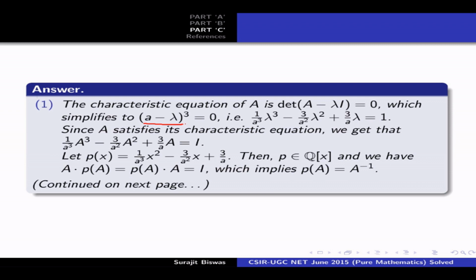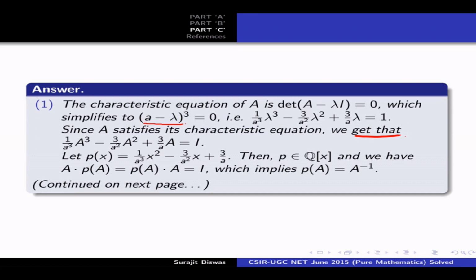Since A satisfies its characteristic equation, we get that 1/a³ times A³ minus 3/a² times A² plus 3/a times A equal to identity.